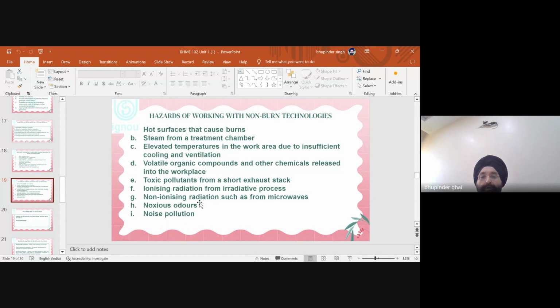Ionizing radiation from the irradiation process, and also non-ionizing radiation from microwave. Then there will be bad odor. There may be noise pollution in the non-burn technology.